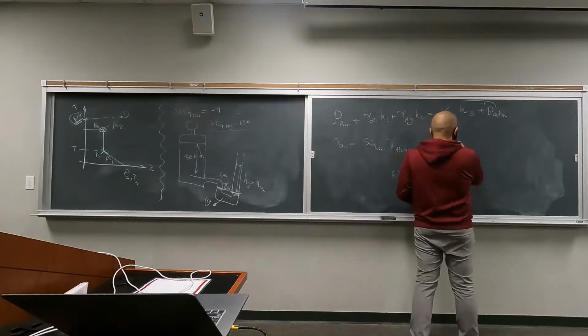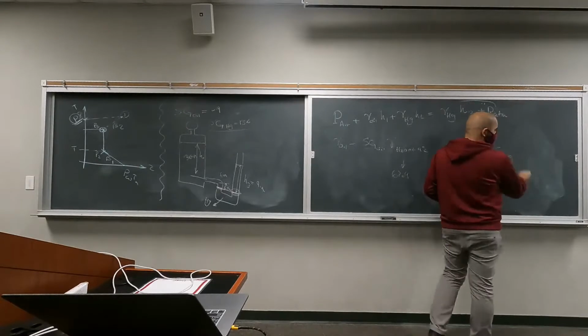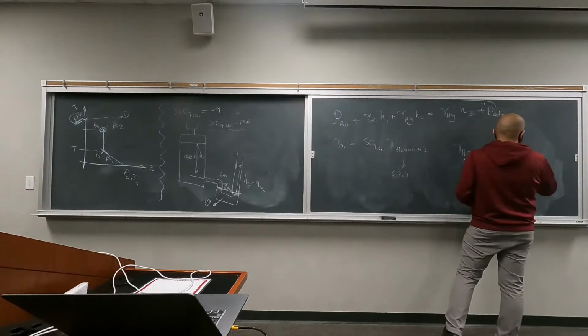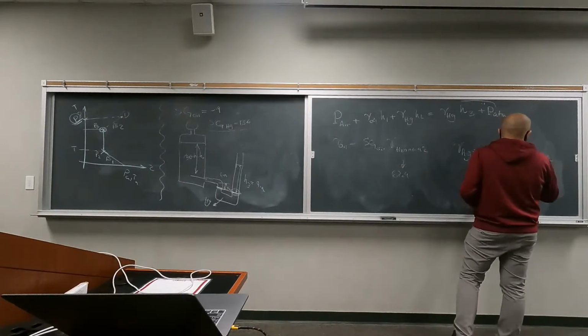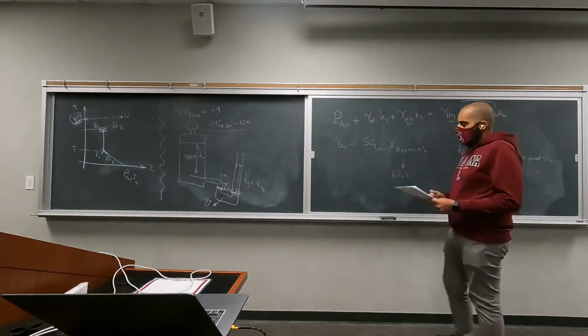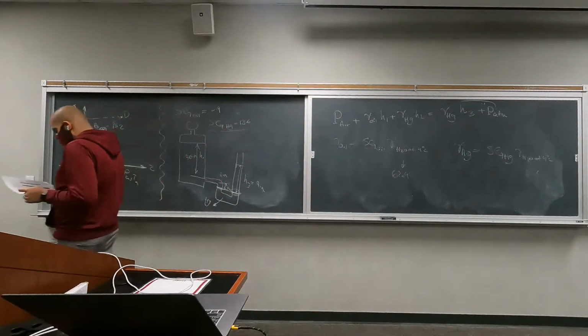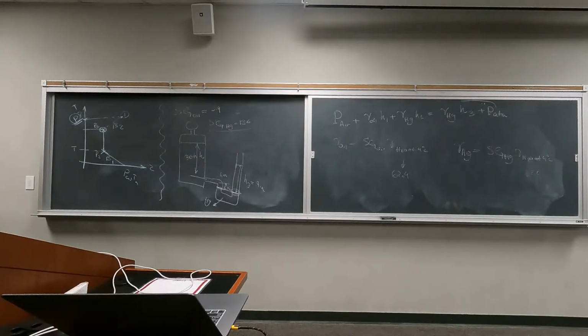Then gamma of Hg is going to be the specific gravity of Hg multiplied by gamma of H2O at 4 degrees, 62.4. So you plug in the numbers, you should be able to find the gammas. And we have all of the heights.